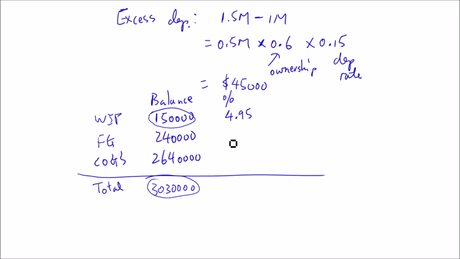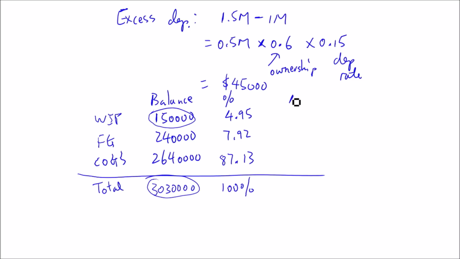Finished goods is going to get 7.92, and then finally cost of goods sold will be 87.13. Just make sure that the total there is going to be 100%. And that makes perfect sense. If you got a higher balance in individual accounts, you are going to get more of the allocation. For this one, majority of them come from cost of goods sold. That's why they're going to get most of the allocation.